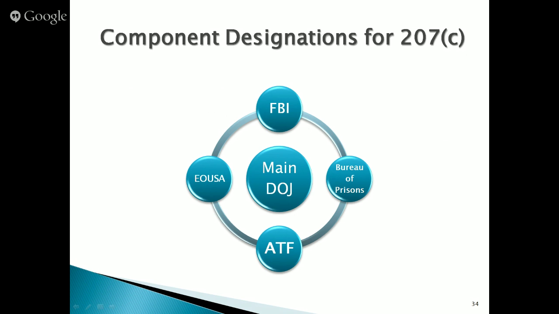But if you look at each of the small circles, the FBI has a separate component designation, Bureau of Prisons, ATF, EOUSA. So senior employees who leave the FBI are restricted only with respect to communications back to the FBI. They are not restricted with respect to communications back to Bureau of Prisons, ATF, EOUSA, or Main Justice.